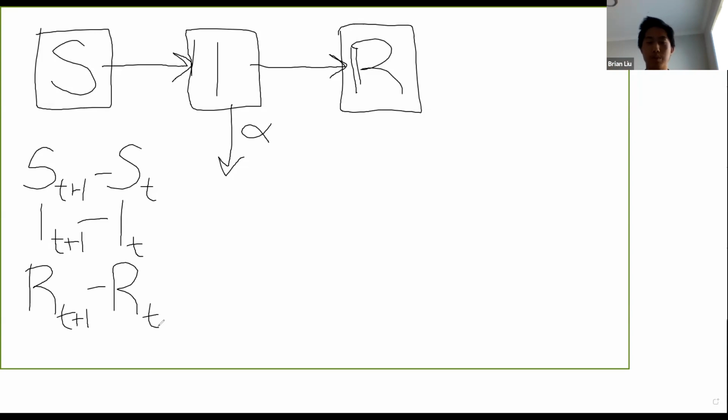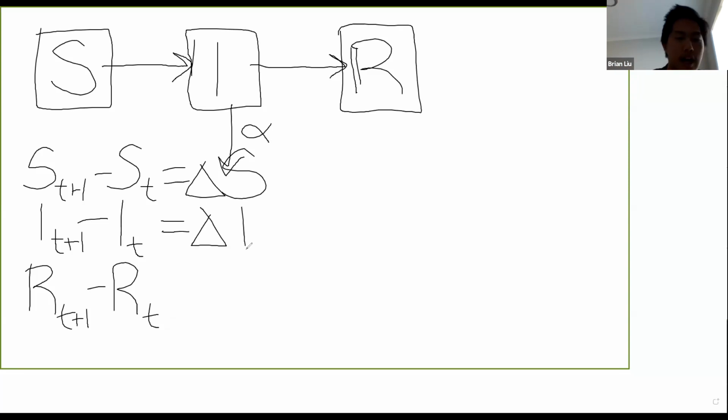It's just a way we write it. Basically we write change using this symbol called delta. And so S sub t plus 1 minus S sub t is delta S, the change in number of people susceptible. I sub t plus 1 minus I sub t is delta I.